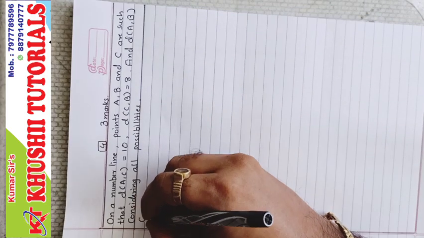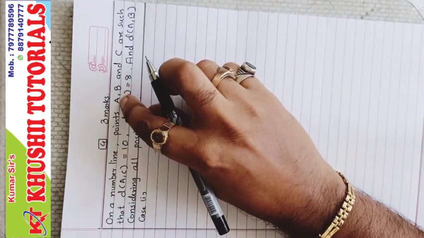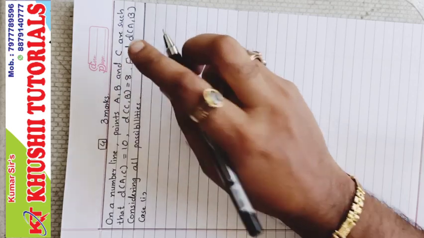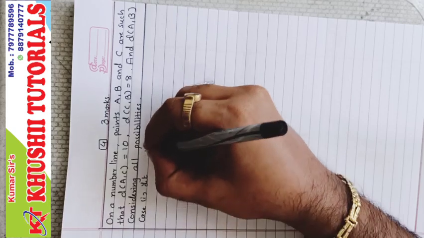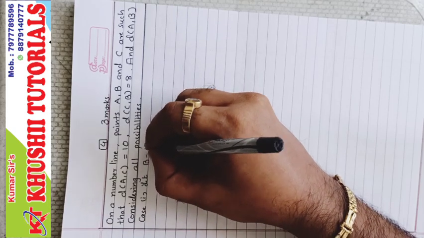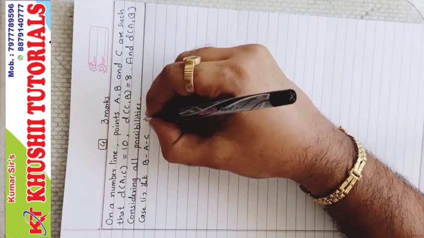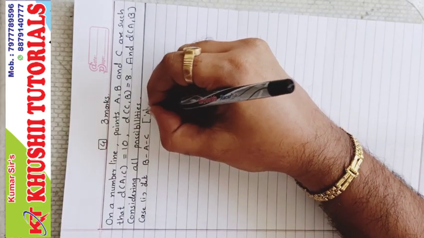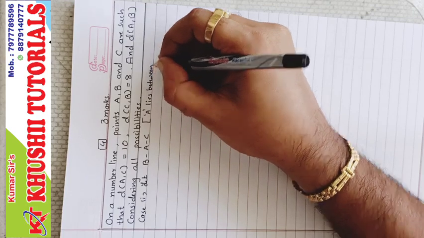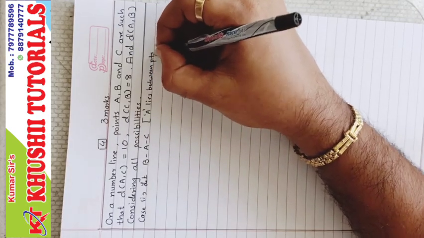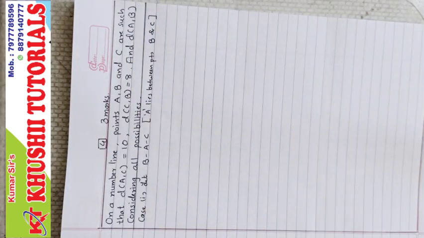So we have to take all 3 possibilities. So case 1, possibility 1, we will assume first A is in between B and C. Let B dash A dash C, it means A lies between points B and C. So we will draw a figure.